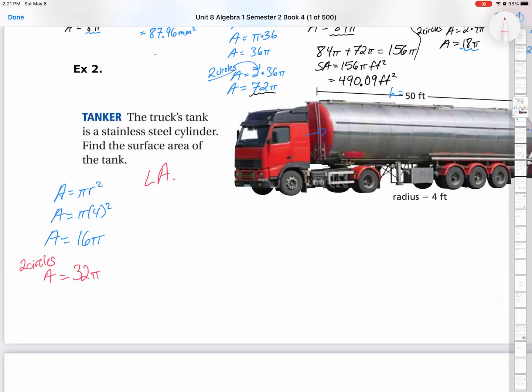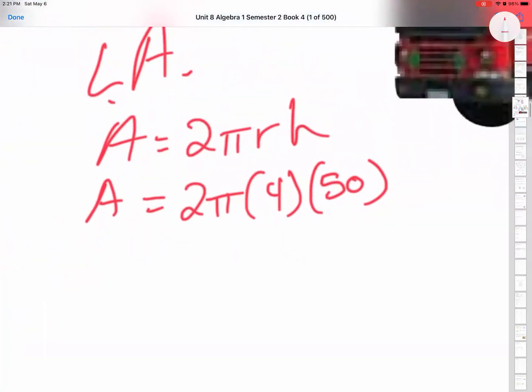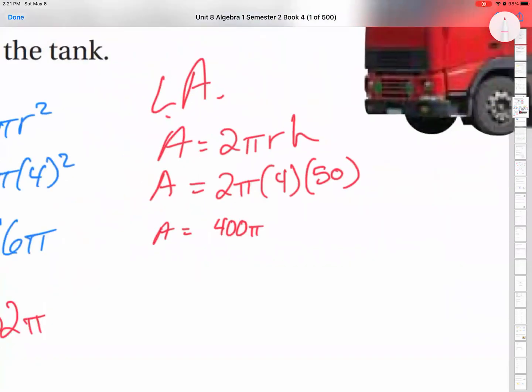Now for our lateral area. Well, our area equals 2 pi times radius times the height. So plugging those values in, we end up with 2 pi times 4 times the height is 50. In which case, then we get, that's 200, so 400 pi. And then lastly, we just add these items together.